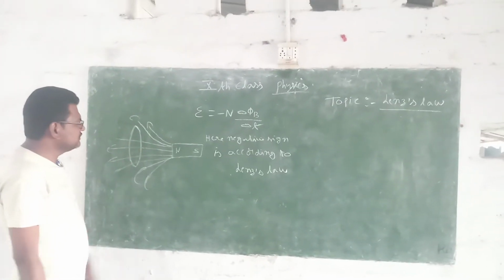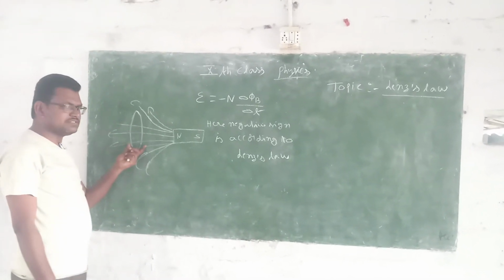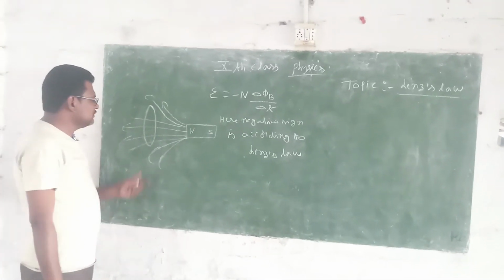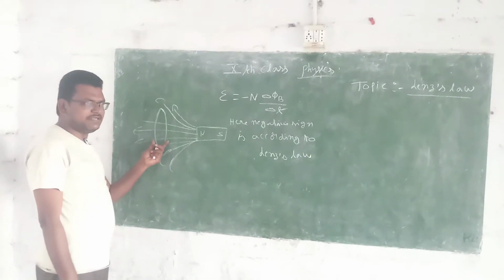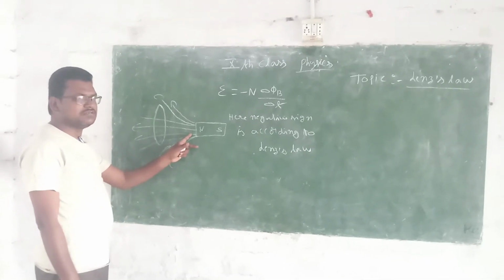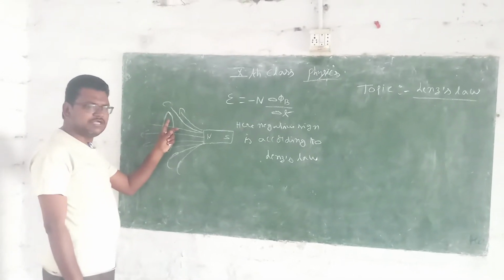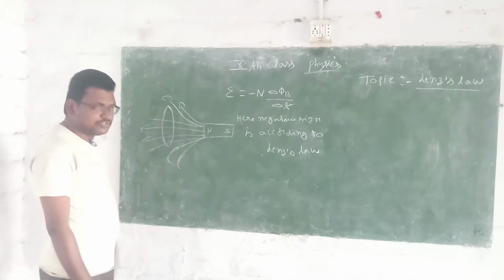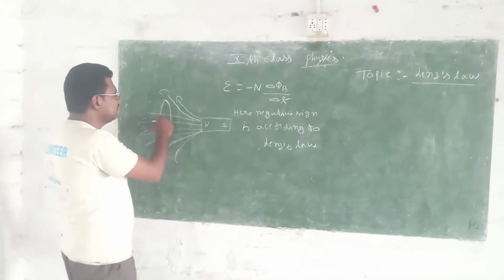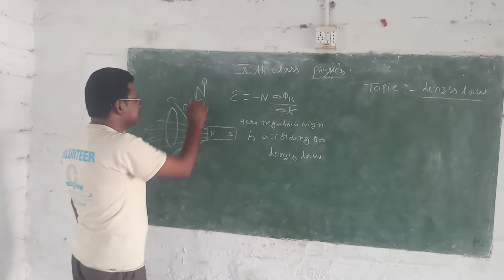Now let's see in what direction the current is induced. According to Lenz law, the direction of the induced current must oppose the increasing magnetic flux. So in this coil, the current flows in the anti-clockwise direction.